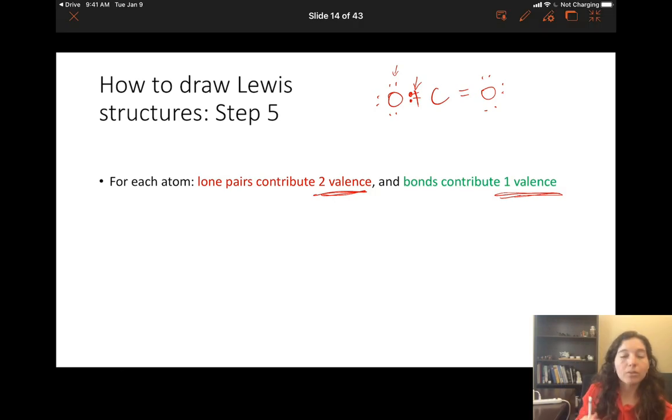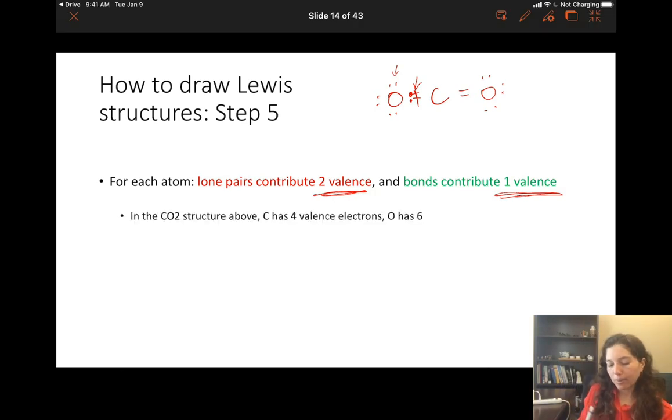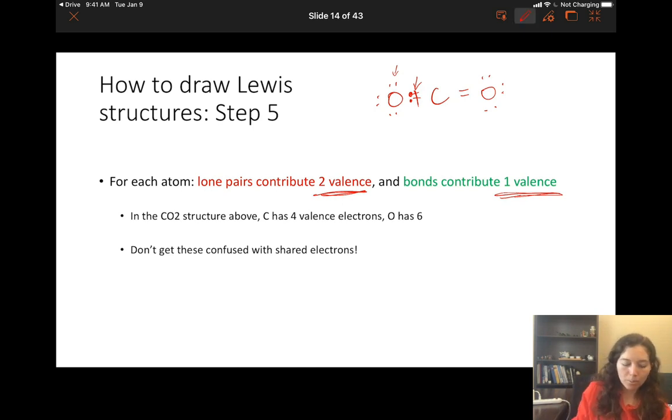So I just wanted to make this distinction because students often get this confused. So please make sure that you don't get confused with shared electrons that contribute to the octet versus electrons that we're designating as valence electrons that belong specifically to that atom, okay?